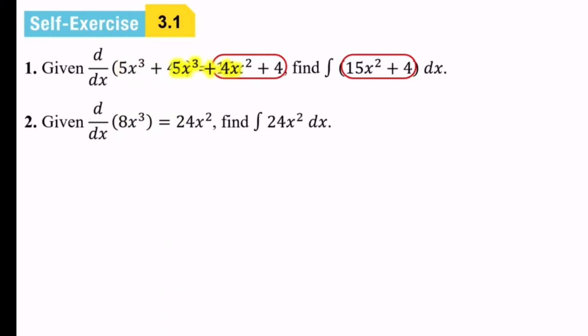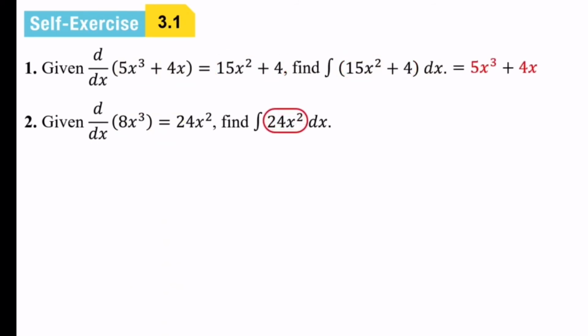When you integrate the differentiation, you will get back the y for sure, which is 5x cubed plus 4x. That's it. Very simple, if you understand the concept. For question number 2, you integrate dy/dx, which is 24x squared, so the answer should be equal to the function, which is 8x cubed.